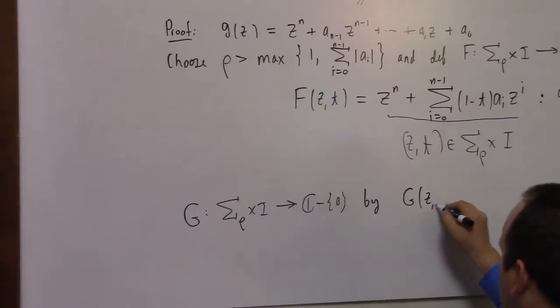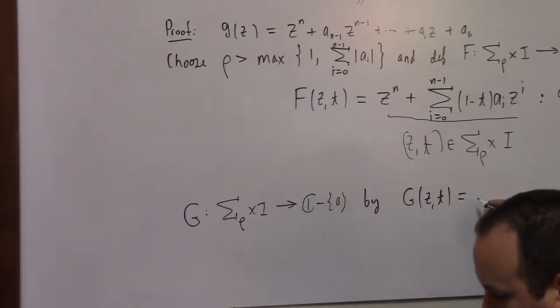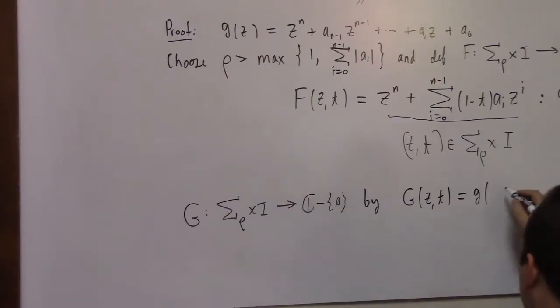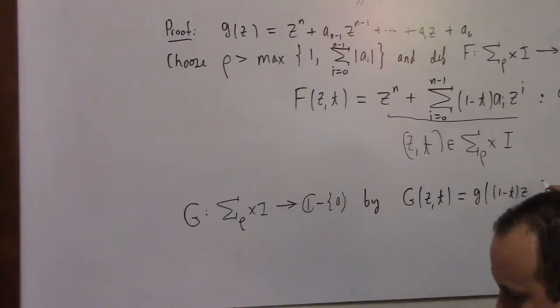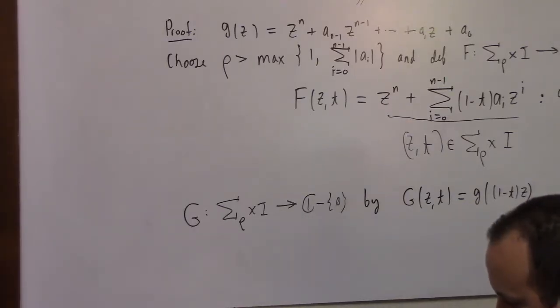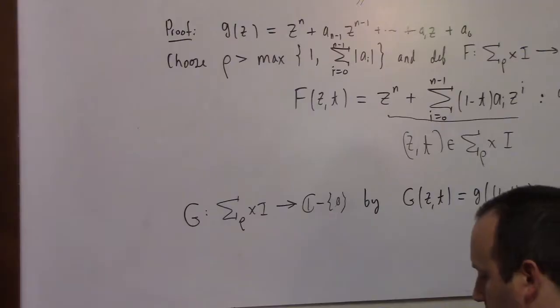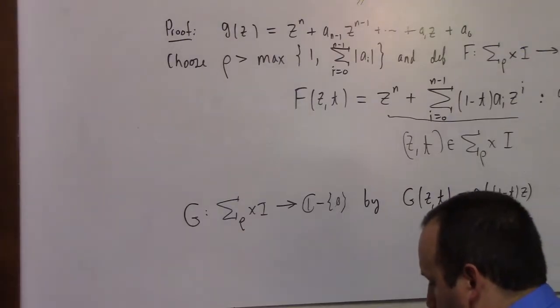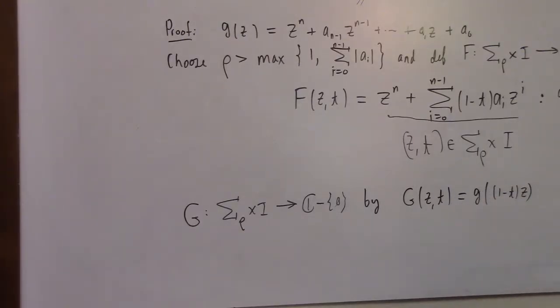So G of z comma t equal to g, where that's the complex polynomial, right? And then 1 minus t times z. Is that it? So we're assuming that g has no complex roots, right? Right.